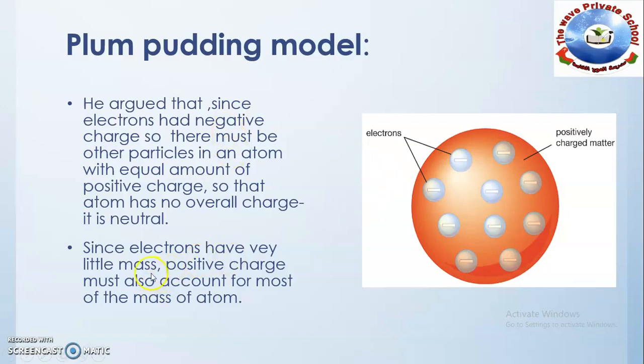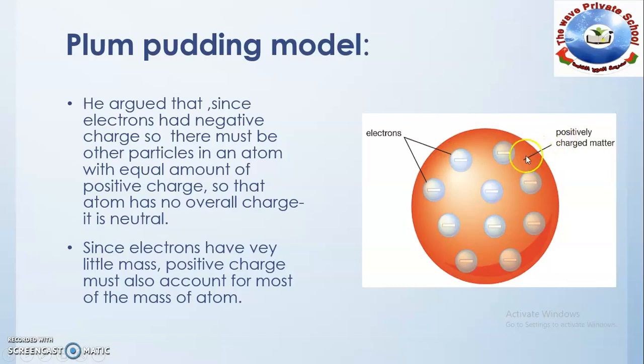Since electrons have very little mass, the positive charge must also account for most of the mass of the atom. As you can see here, this is known as the plum pudding model. The atom is formed from a sphere of positively charged matter.